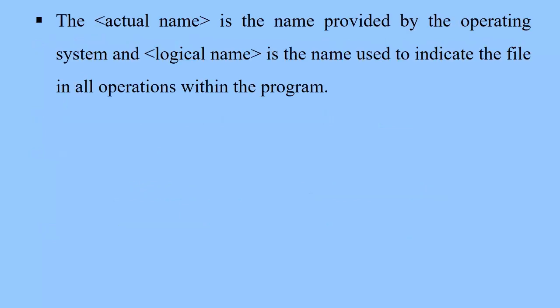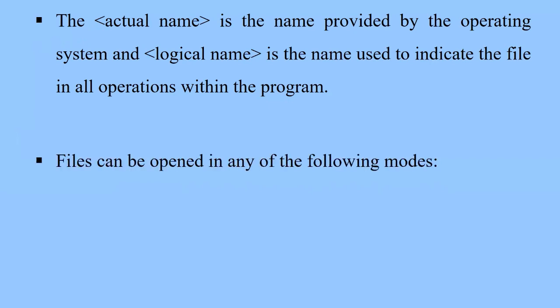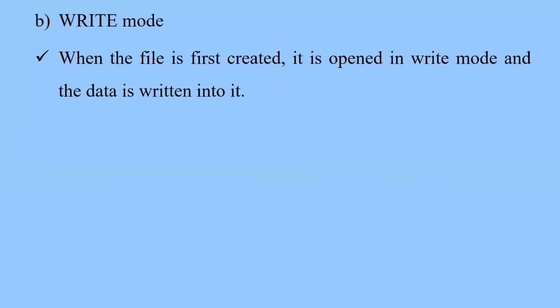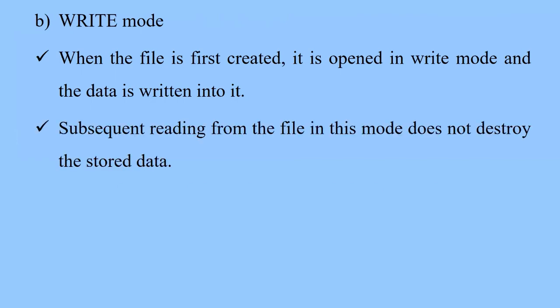The actual name is the name provided by the operating system, while the logical name is the name used to indicate the file in all operations within the program. Files can be opened in any of the following modes. We have read mode, whereby the file can only be read from and nothing can be written in it. We also have the write mode. When the file is first created, it is opened in write mode and the data is written into it.